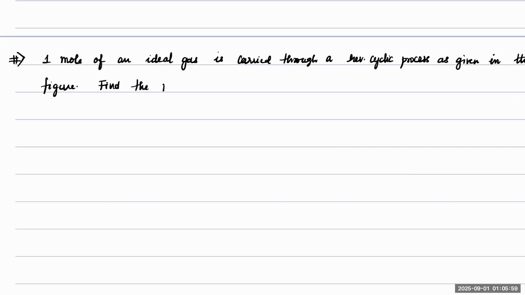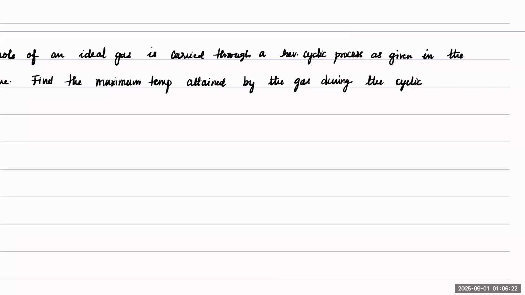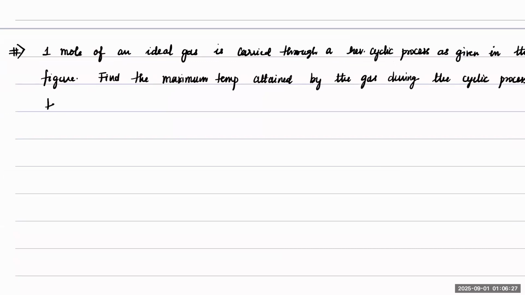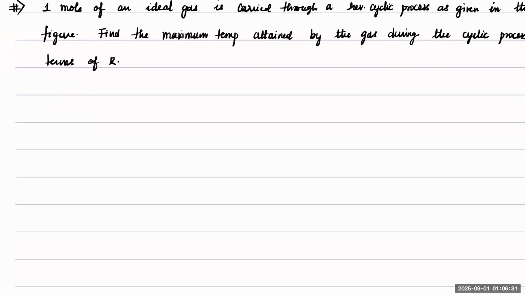Find the maximum temperature attained by the gas during the cyclic process, in terms of R. So we have to write the answer in terms of R.